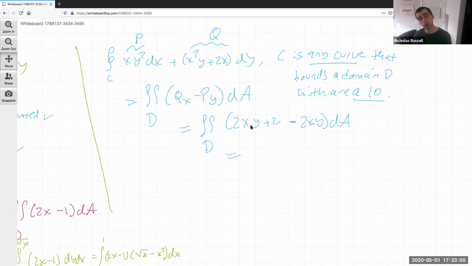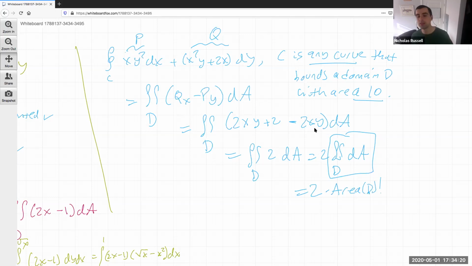I see that these two 2xy's cancel, and this becomes the double integral over D of 2 dA. Now, what does this tell me? If I factor out the 2, this just gives me the double integral of dA. Now, what is this thing? This thing is actually just the area of my domain D.